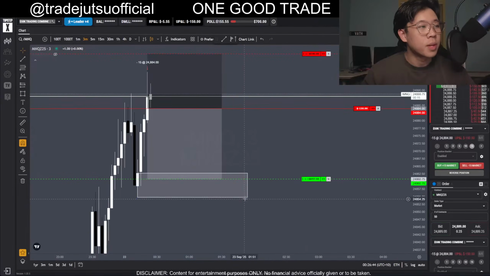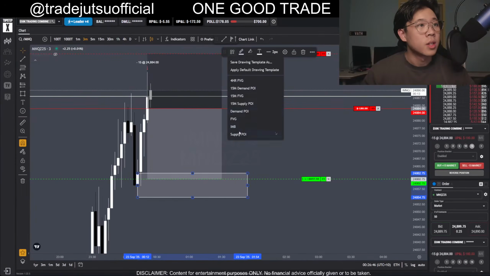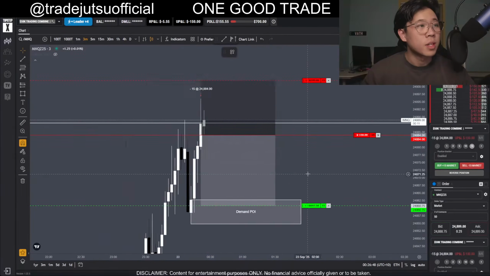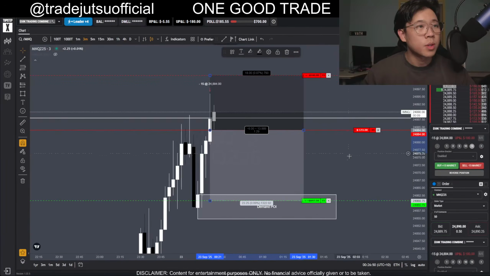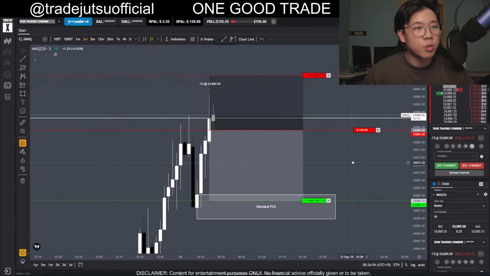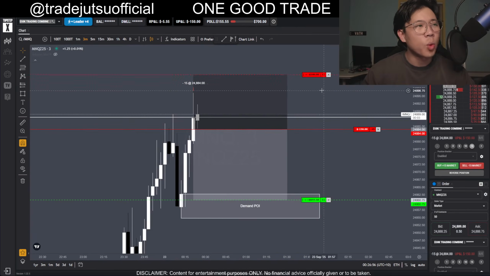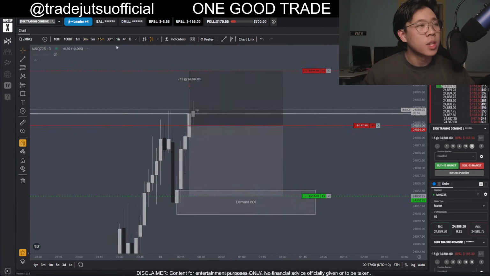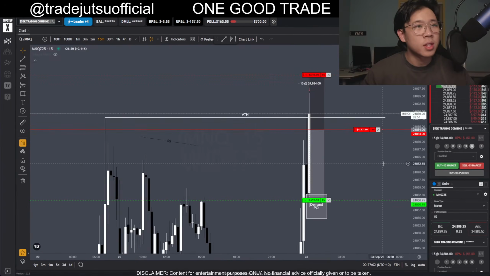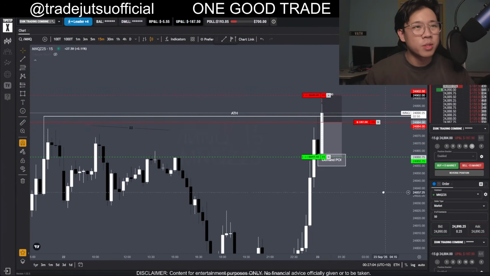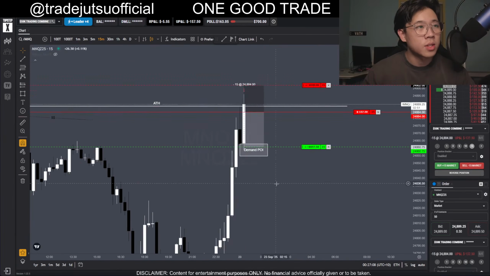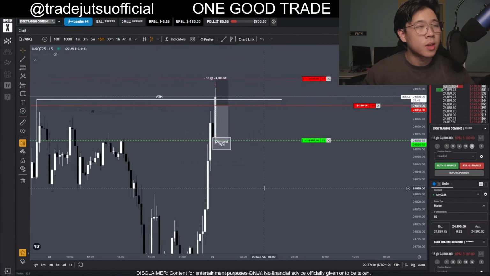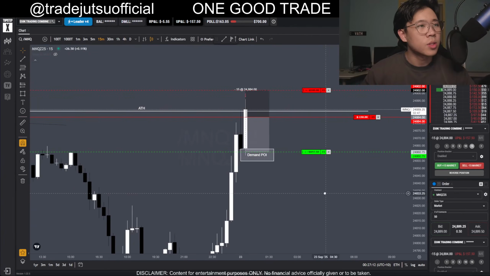That's the demand point of interest, and I'm looking for a quick trade there, 1 to 1.3 risk to reward, risking about 540. The reason which gave me a little more confidence was the rejection on the 15-minute candle, this massive wick here, as you can see. But we shall see how it plays out.